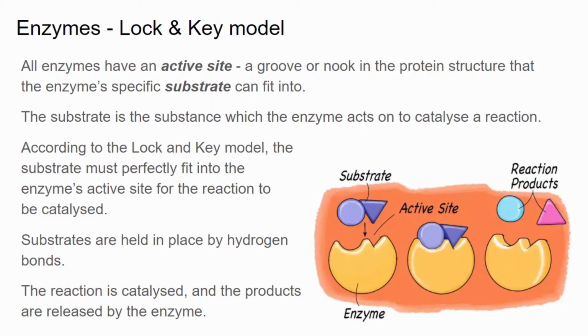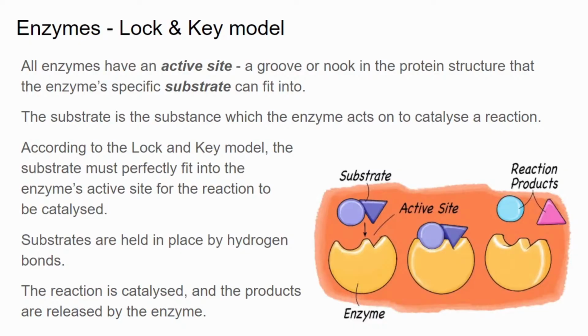According to the lock and key model, the substrate fits very precisely and perfectly into our enzyme's active site. So the active site is a perfect match for the substrate, and this is where having the correct shape or conformation of our enzyme is important.